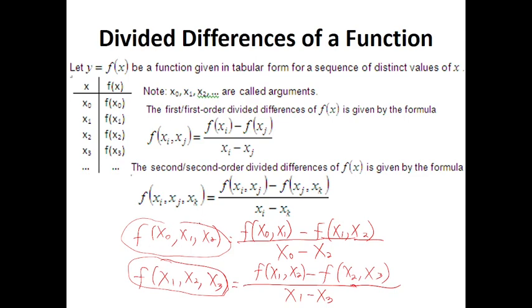And this will continue: we have f of x sub 2, x sub 3, x sub 4, x sub 4, x sub 5, x sub 6, and so forth. Those are the second order divided differences of f. So we now proceed.